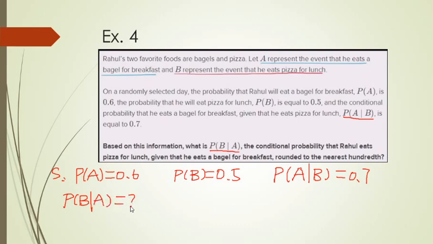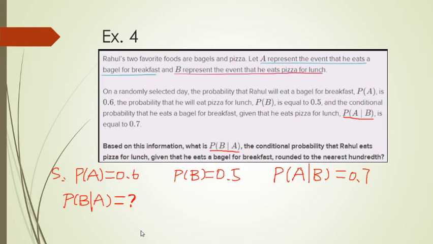And actually the background of this example doesn't make sense to me. I feel like whatever you eat at breakfast does not affect what you eat for lunch. Like you eat a bagel for breakfast, you eat a pizza for lunch.